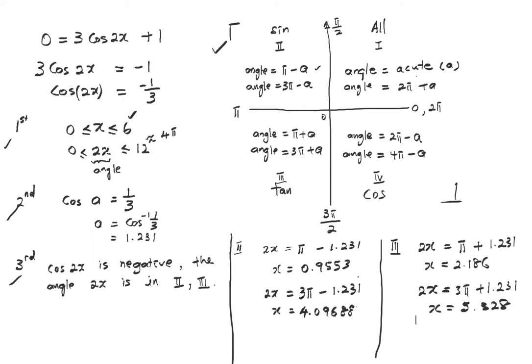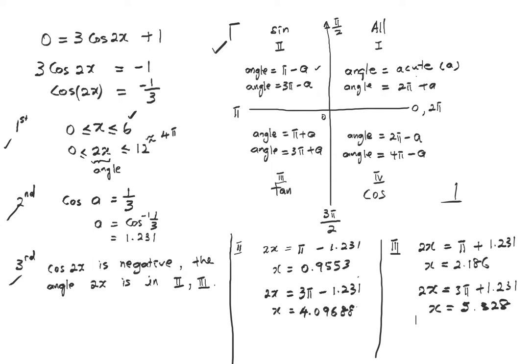Then only you start to calculate. So when you talk about trigo, there's a lot of steps to do. And all these steps, you can put it inside here. You don't have to show to the examiner.